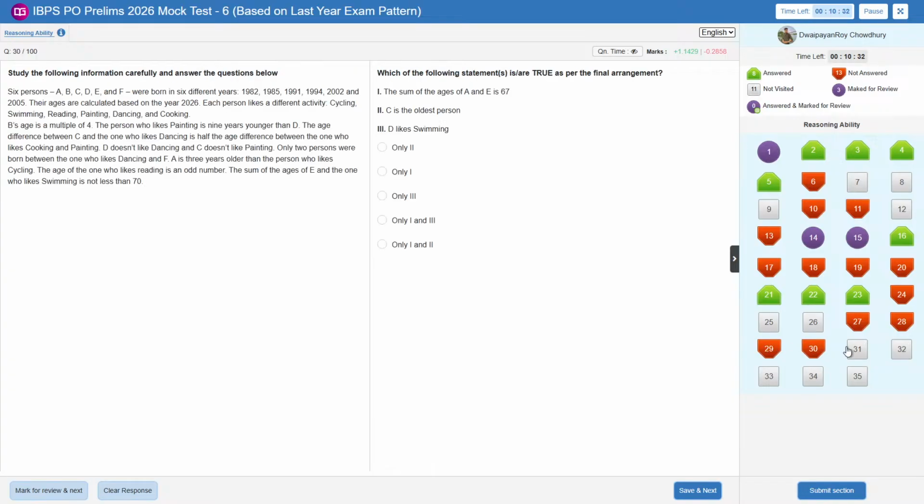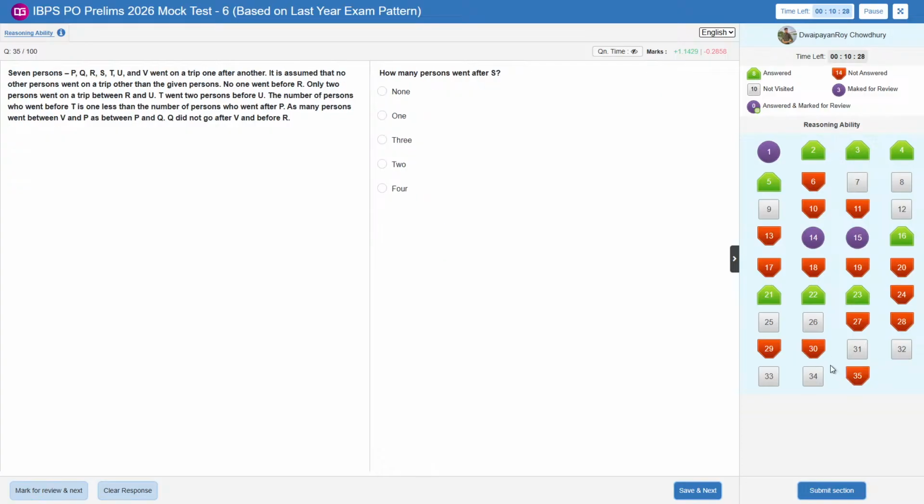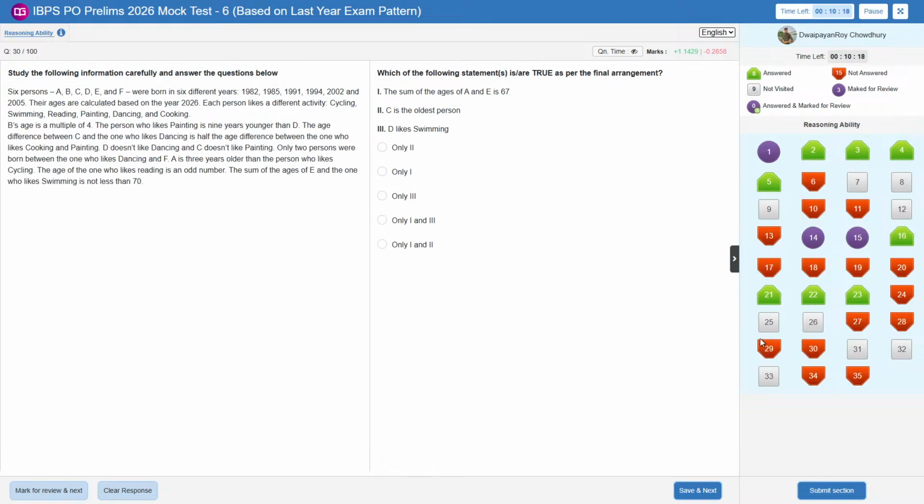8% adversity, okay, 6% different year, different sports, 7%. Strip one above another. So 6%, right? So age is 82, 85, 91, 94, 02, 06.